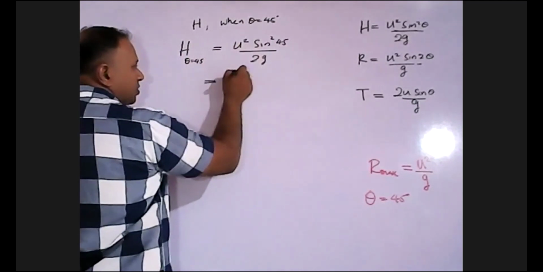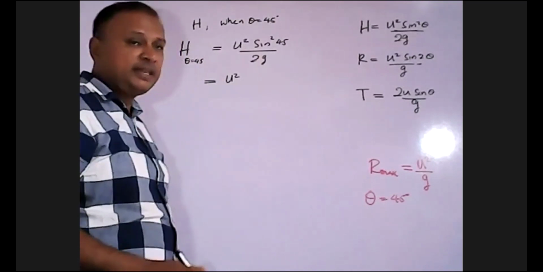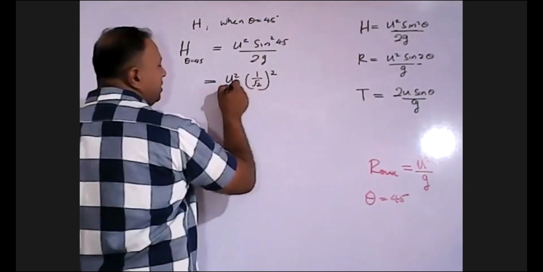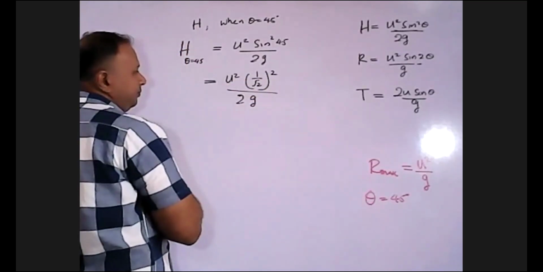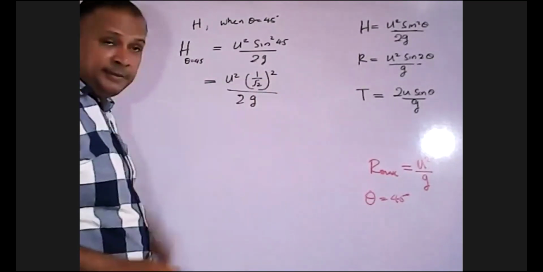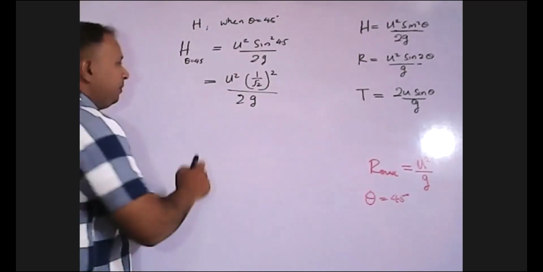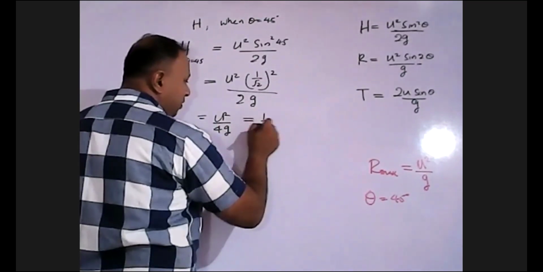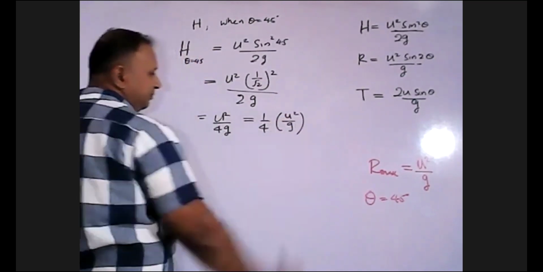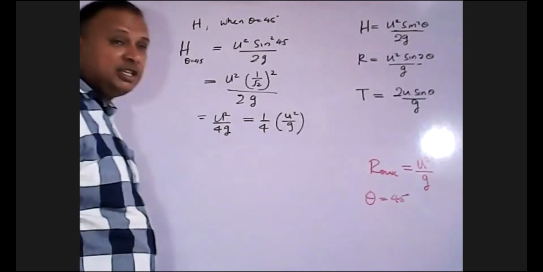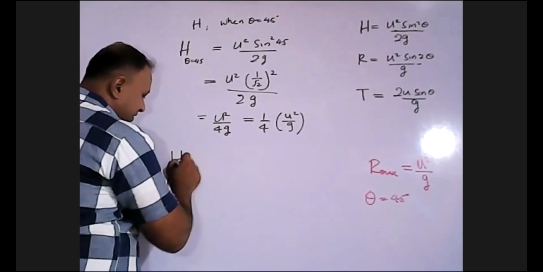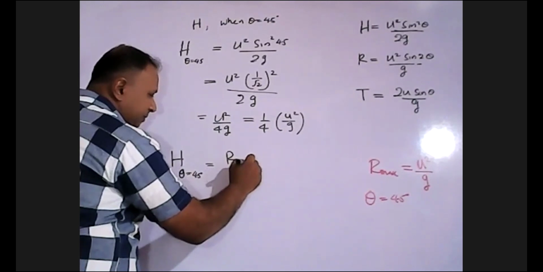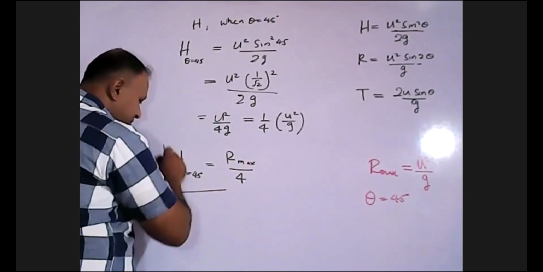You know sin 45 is 1 over root 2, so its square is 1 over 2. 1 over 2 into 2g gives u squared over 4g, which is 1 over 4 into u squared over g, and that is the maximum range. Therefore, the maximum height when theta is equal to 45 degrees is equal to the maximum range over 4.